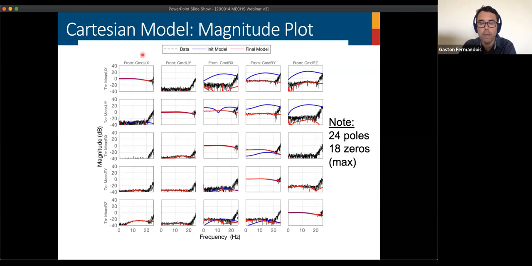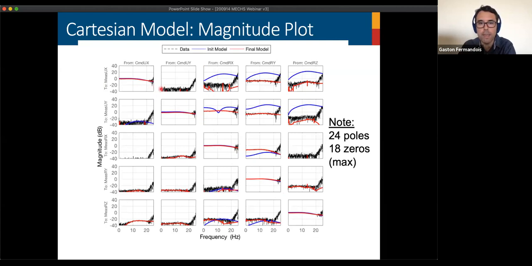For instance, we're commanding displacements in the UX direction, and we measure the same displacement in the same coordinate. Same for displacement in UY, rotations in RX, RY, and RZ. And you can see here that the third column associated to the vertical motion is eliminated in this process.